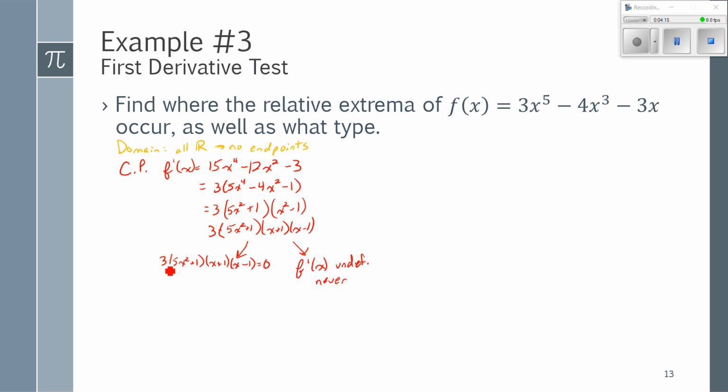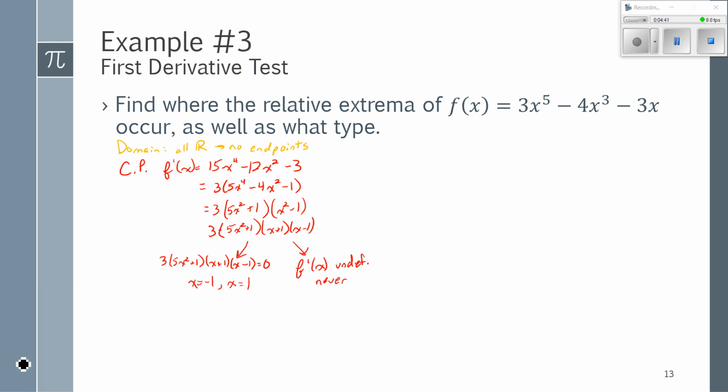Well, 3 is never equal to 0, so that doesn't have an effect. 5x^2 + 1, the only way that equals 0 is if x is an imaginary number, and we don't work with imaginary numbers in AP Calculus, so that factor is gone. If x + 1 is equal to 0, that means x could be negative 1. And if x - 1 is equal to 0, that means x could equal positive 1. So I only have 2 critical points and no endpoints.